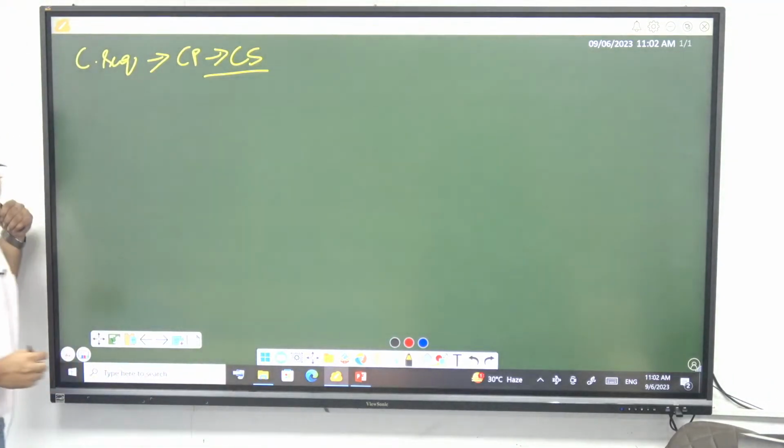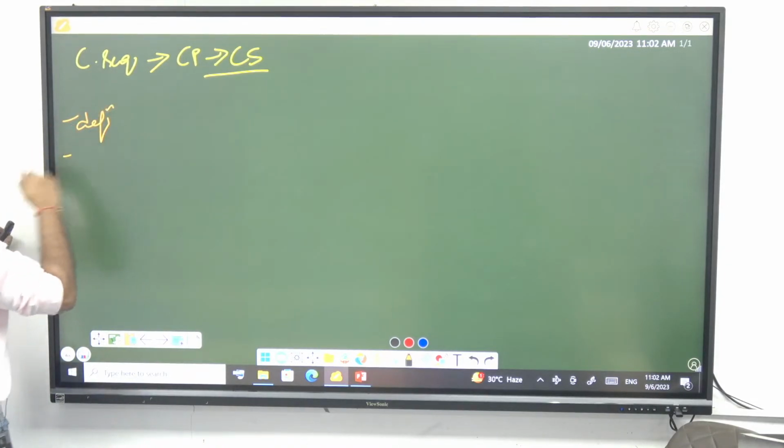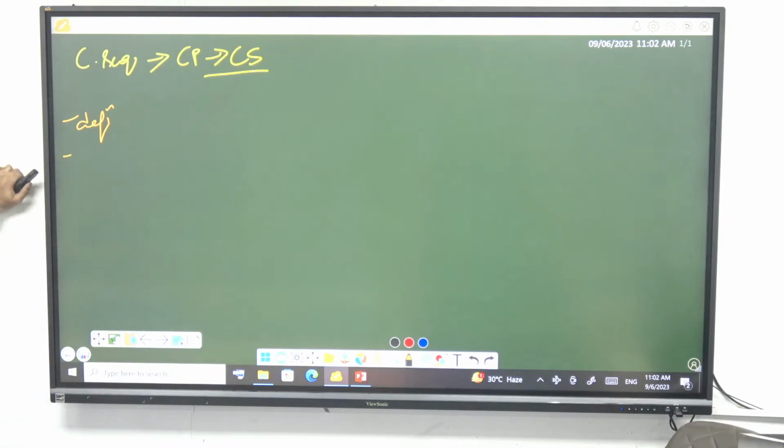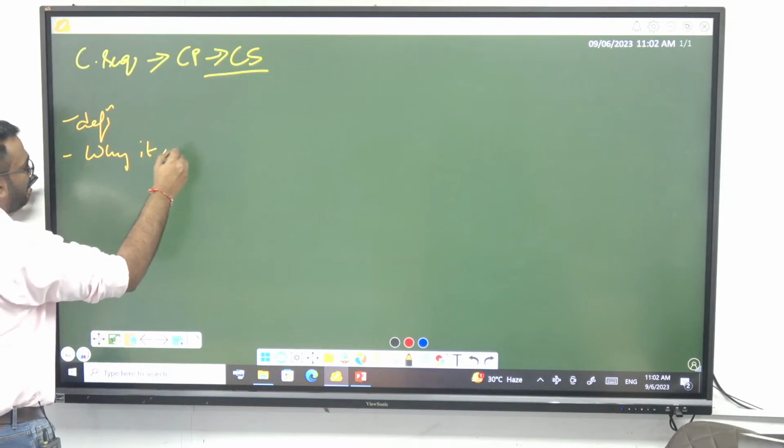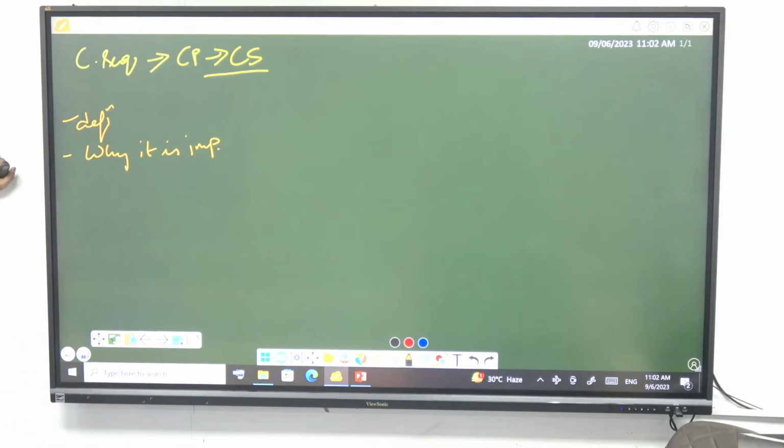Yes? Okay, definition. Correct. Then? Okay, why it is important. Fine. Then? How the different cropping patterns can help in increasing the carbon sequestration.